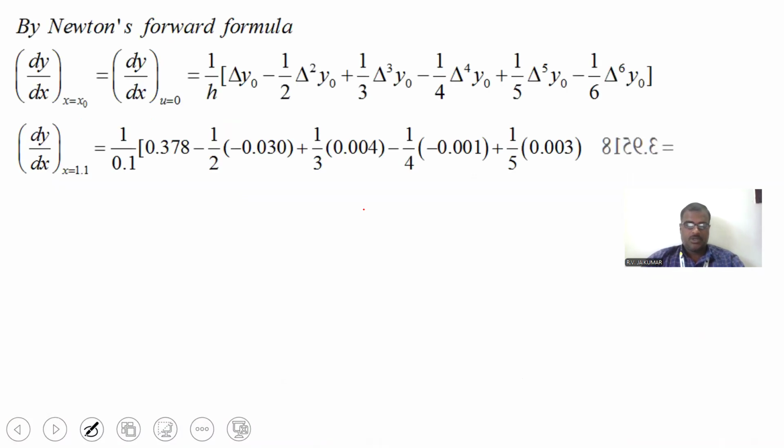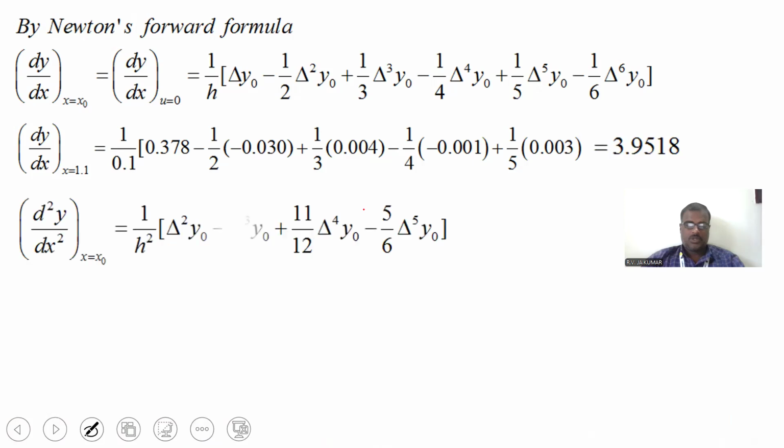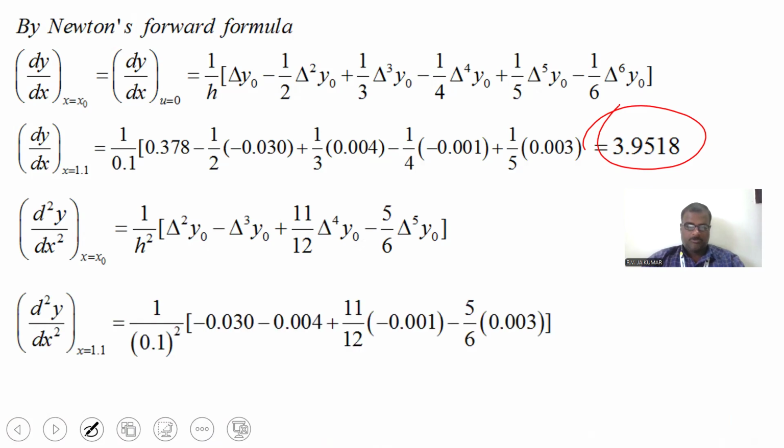So this is the first derivative value. This is going to be the second derivative value. So try to solve it yourself and verify the answer as well. Thank you, students.